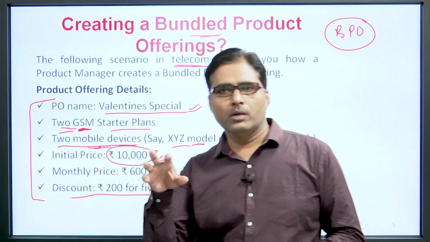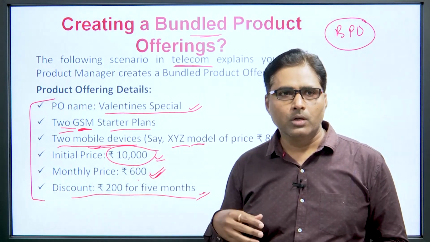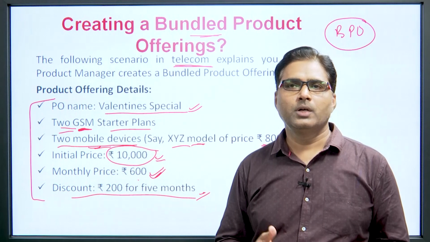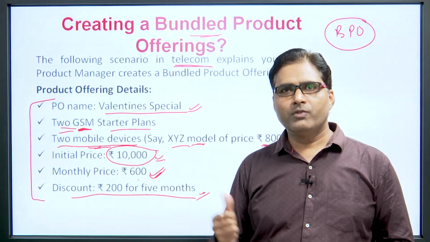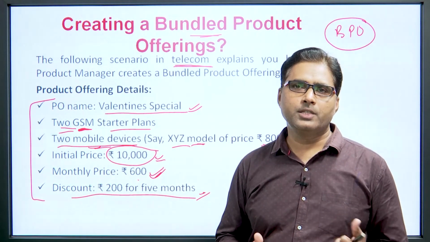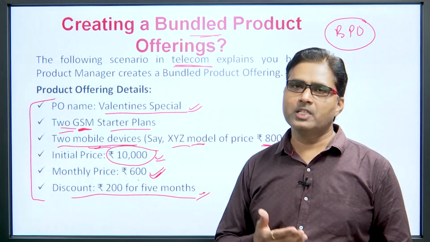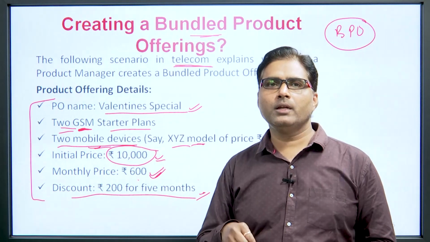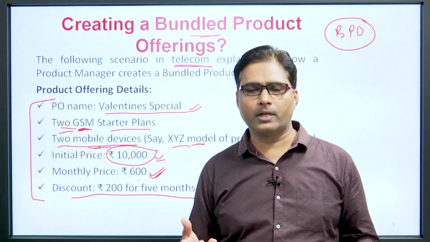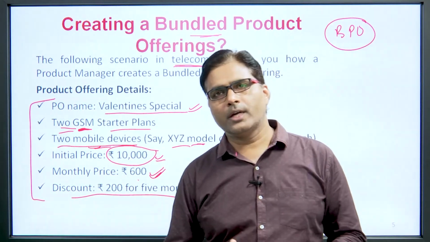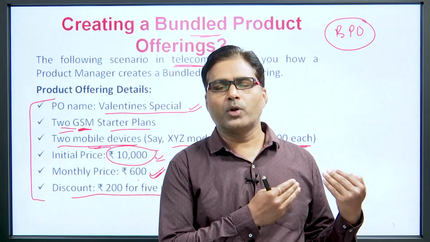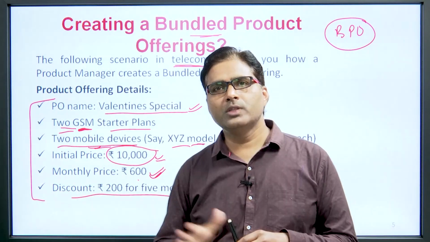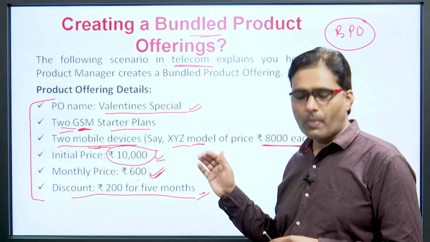The company for this purpose may undergo some research, and if they think the first strategy will work, they may go with the SPO. If they think BPO is the need of the hour and consumers are attracted to these types of product offerings, then they may go with BPO.